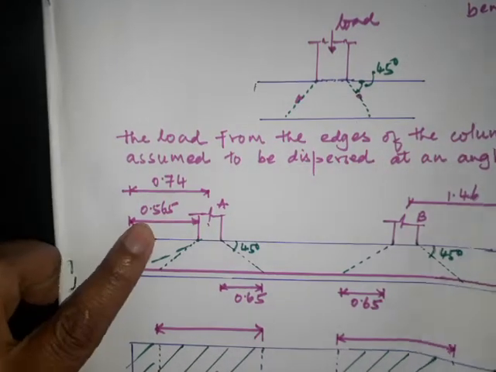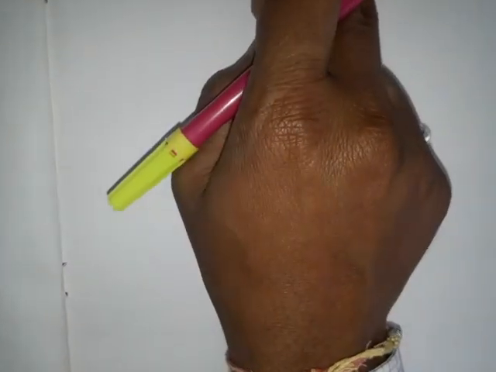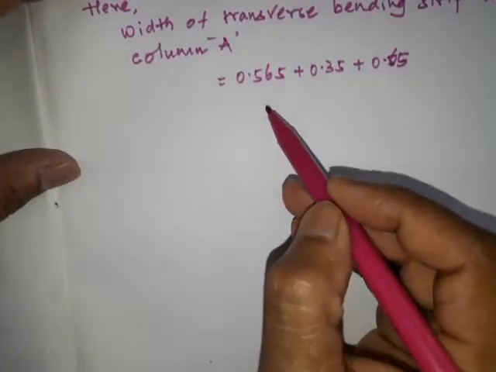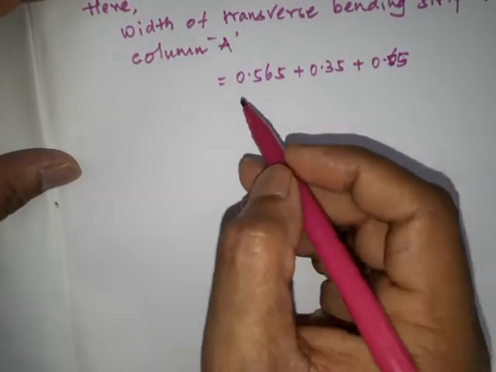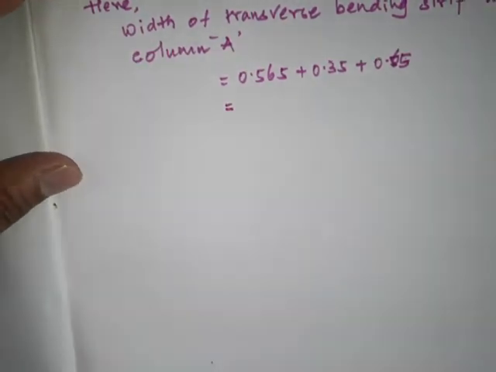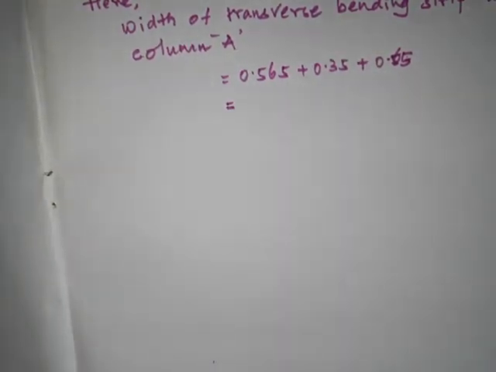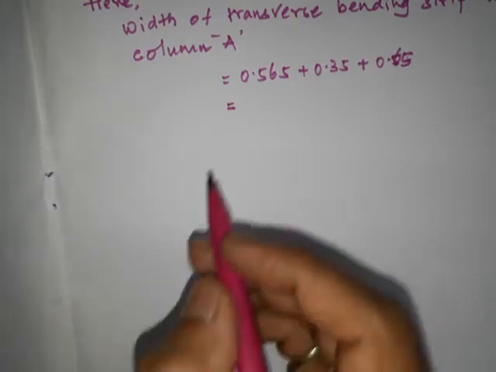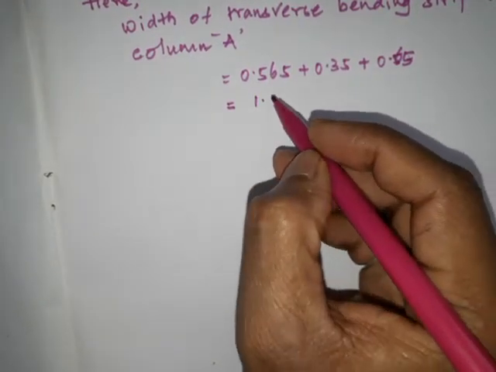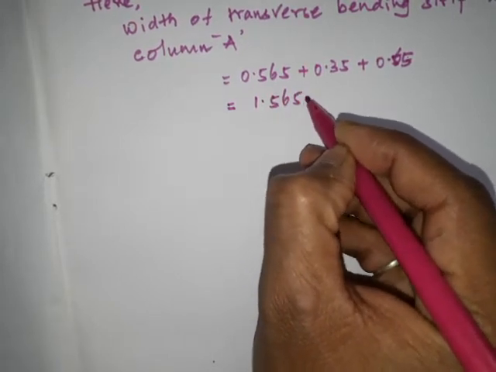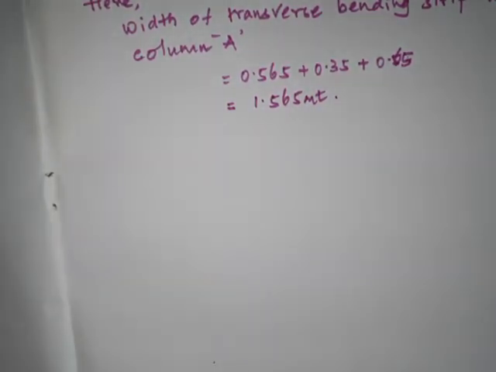Okay, so 0.565 plus 0.35 plus 0.65. Okay, so we will get this width as 1.565 meter. 1.565 meter.